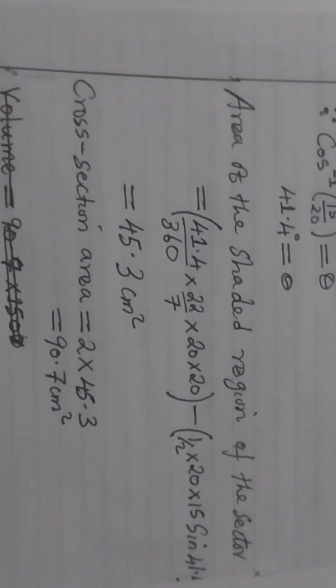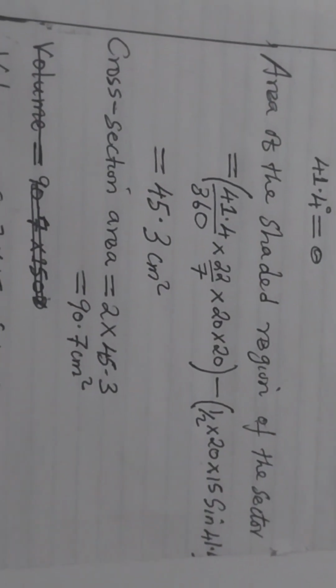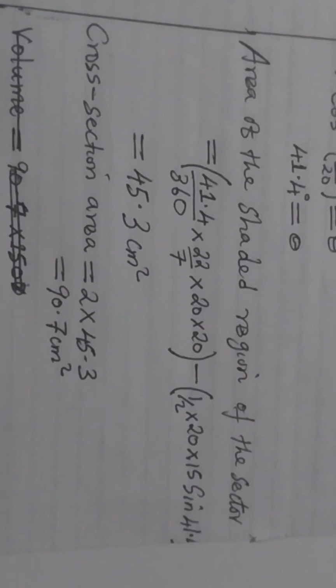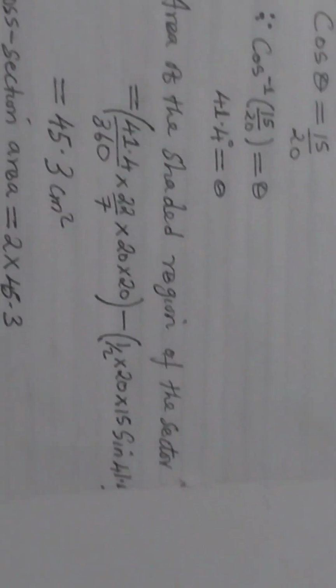So then we are going to get the area of the shaded region of the sector. Basically, we are going to get the area of the sector. Then we subtract from it the area of the unshaded region, which is the area of the triangular part.